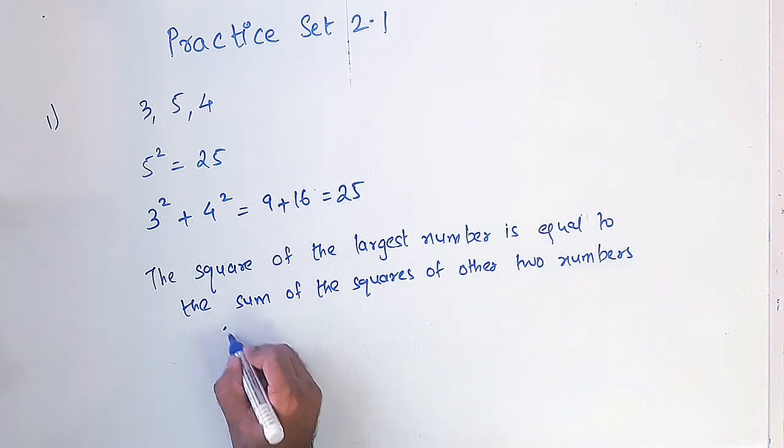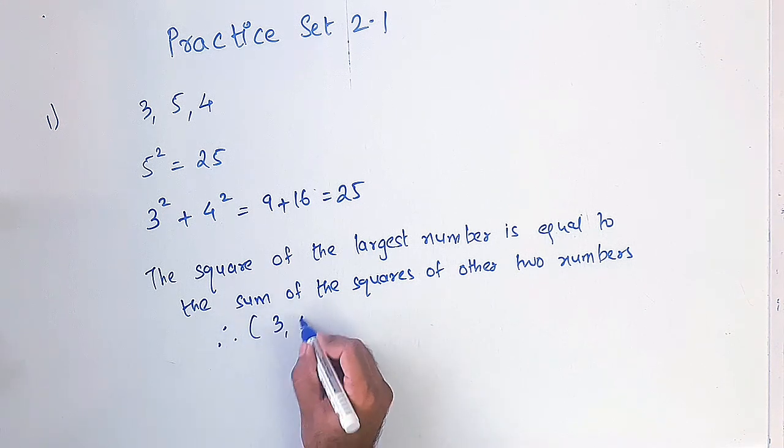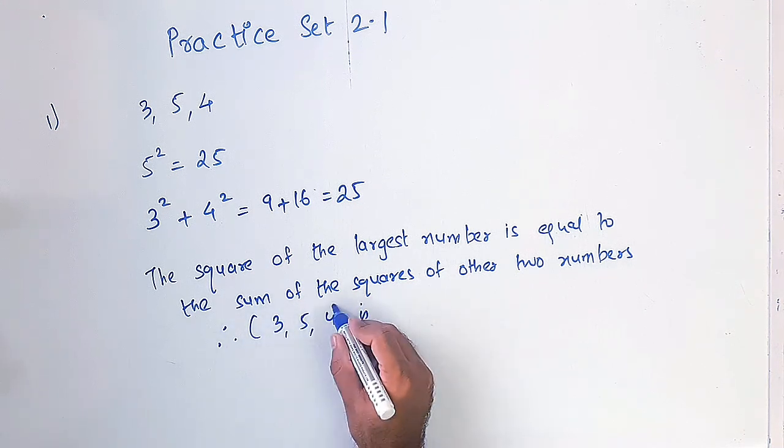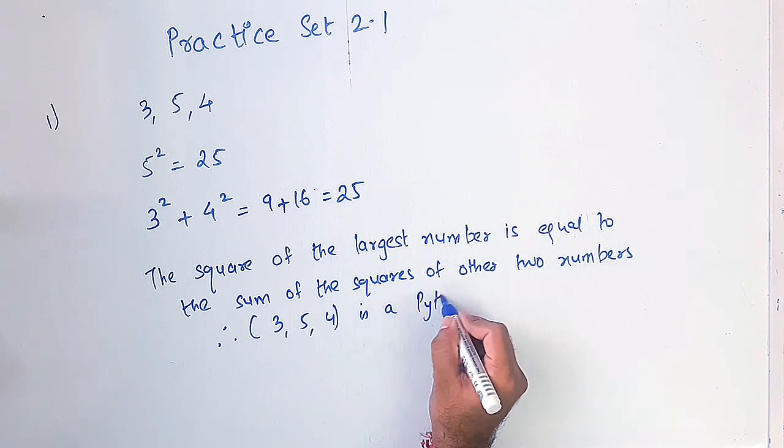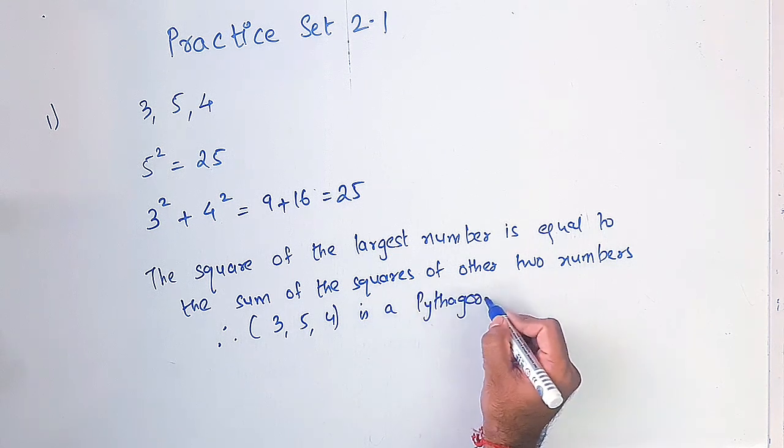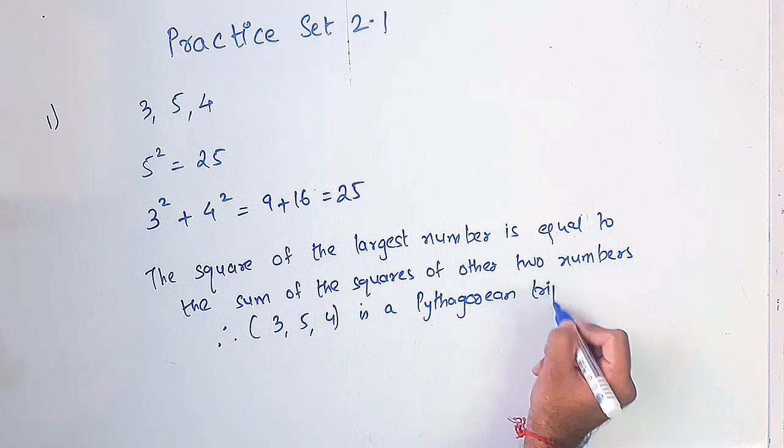Therefore 3, 5, 4 is a Pythagorean triplet.